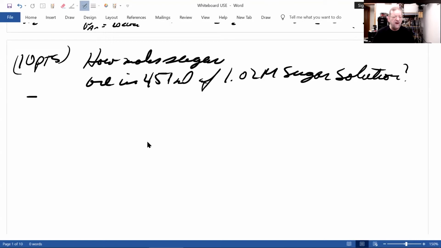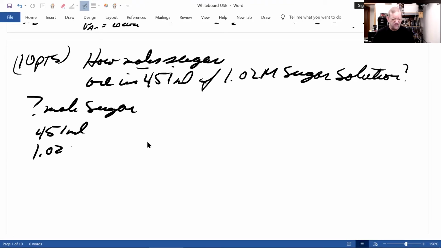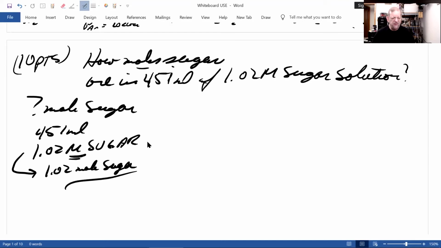So what are we trying to find? Moles of sugar. Says it right here. What are we given? How many milliliters of solution we have. And we're also given this. As soon as I see capital M, what does that mean? 1.02 moles of sugar per 1,000 milliliters.